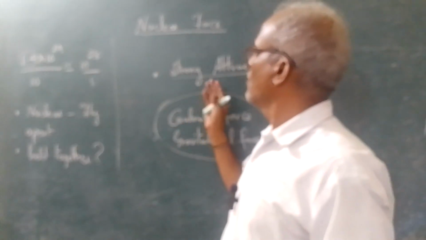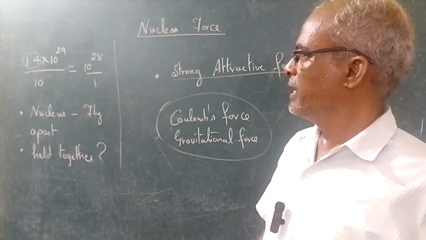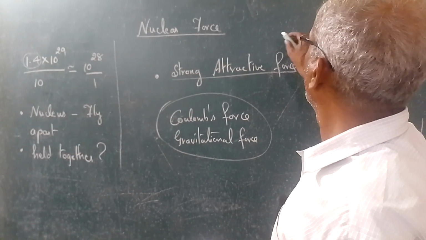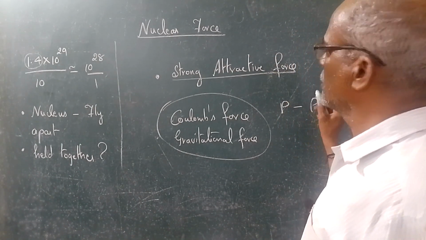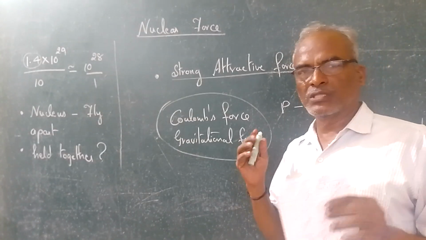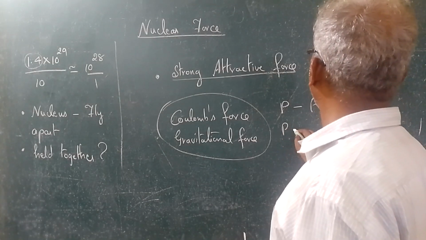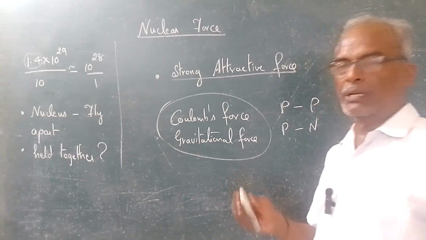The next point is, now we know what is nuclear force. The nuclear force exhibits equal strength between proton and proton. Proton and proton, the force is the same. Similarly, between proton and neutron, the same value approximately.